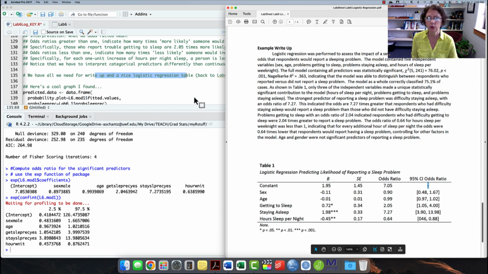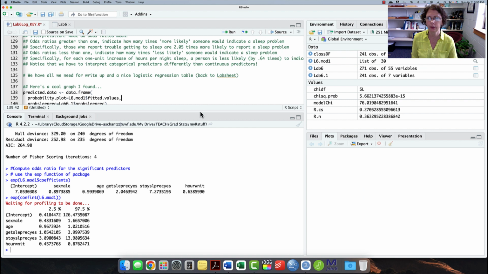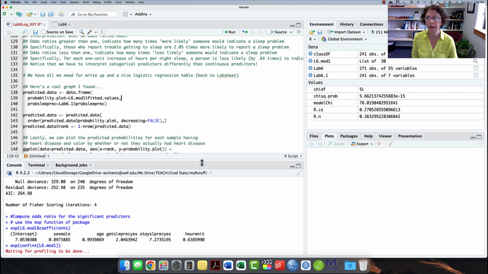Alrighty. One last thing I wanted to show you in the R land here is I found a cool graph. I was looking for a way to graph the logistic curve of the model, and I did find one way, and I'll show you guys that here.